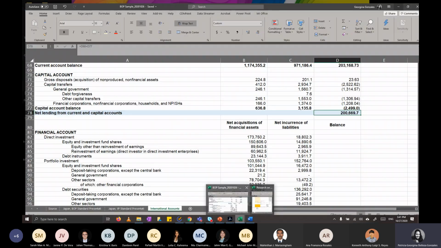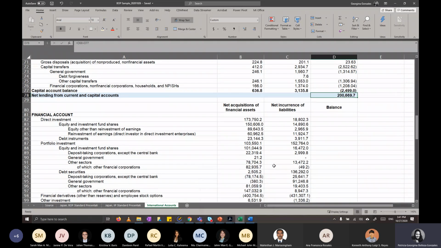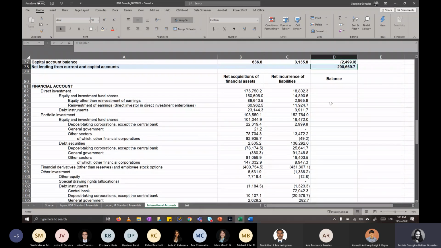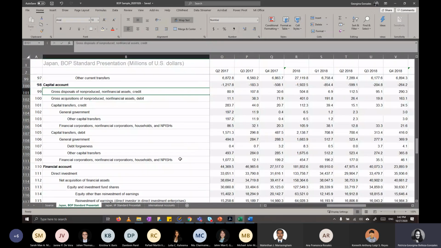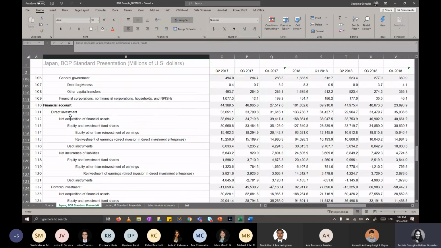Just to show you a sample of what that looks like, this is the standard IMF reporting that I showed you earlier. This is for Japan, but it uses the IMF standard template. Again, this is what it looks like in the standard.